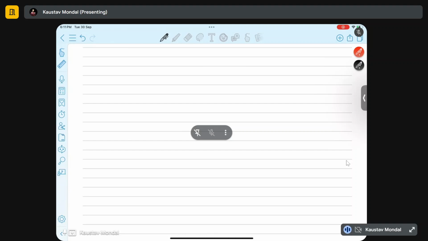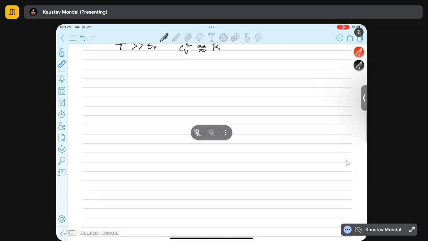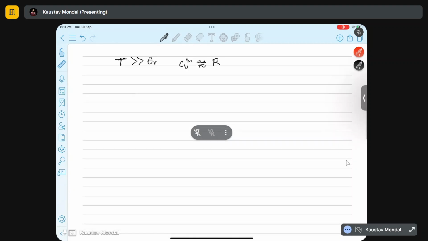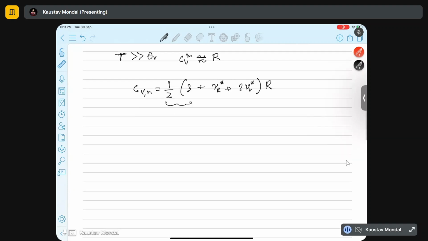Now let me write all the contributions in a compact way. So CV, we can write for n mole, as half into 3 plus nu r star plus 2 nu v star, times R, right? So this 3 by 2 R comes from the translational contribution, this contribution comes from the rotation, and this contribution comes from the vibration.